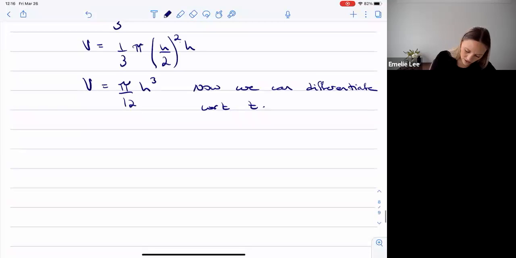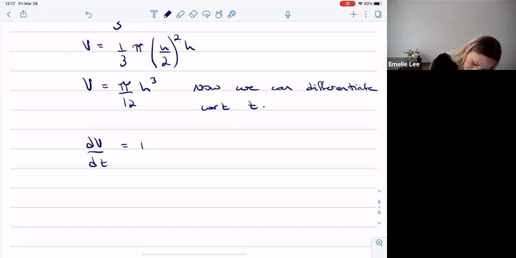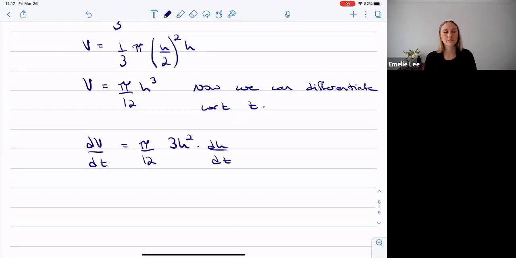And if I was doing that, I would just write dV/dt is pi over 12 times 3h squared dh/dt. If you wanted to take your time and expand that d/dt inside, that's fine.